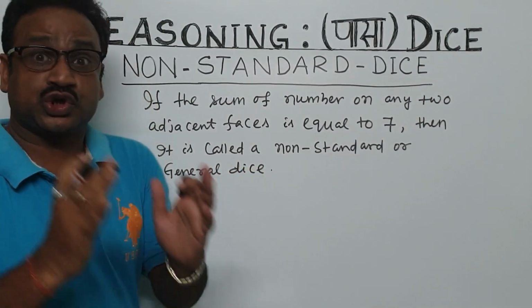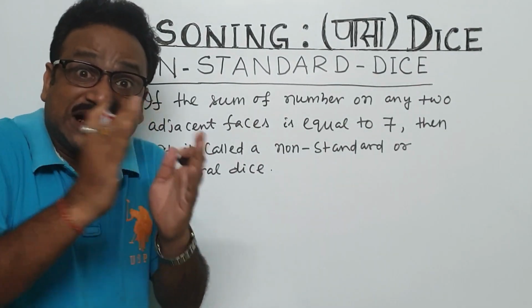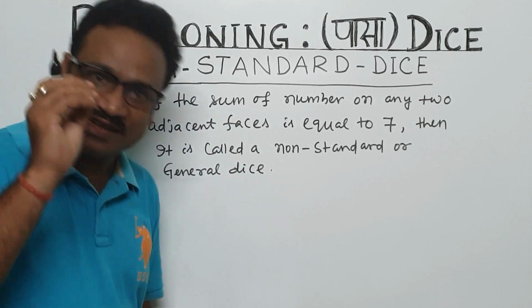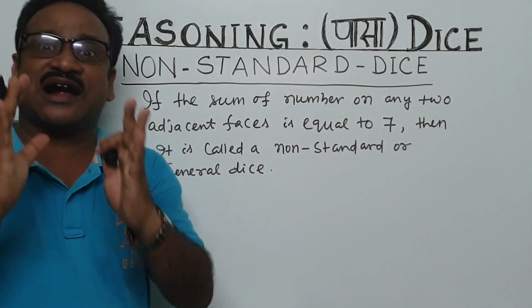So the sum of numbers on any two adjacent faces must be equal to 7 to get a non-standard dice.